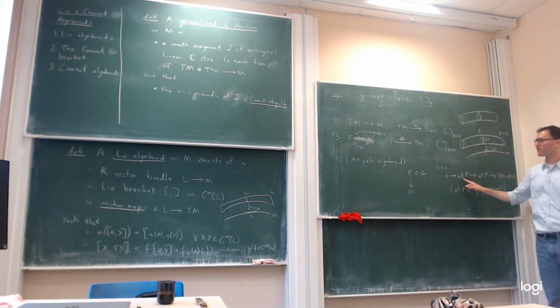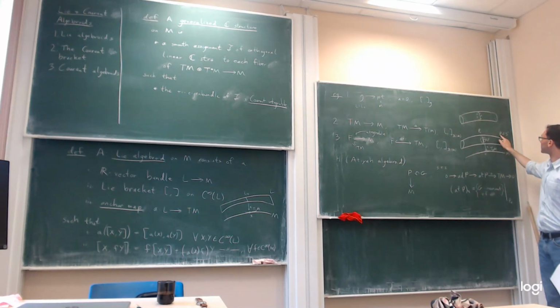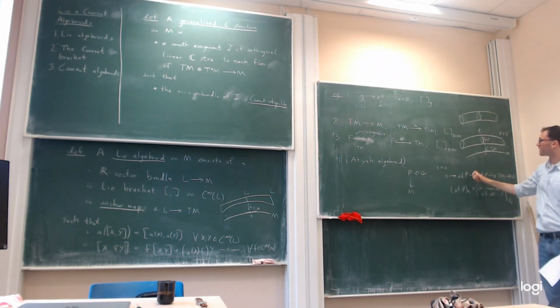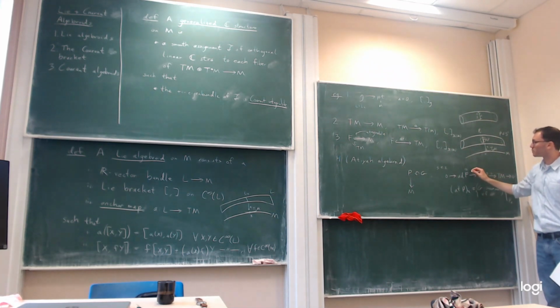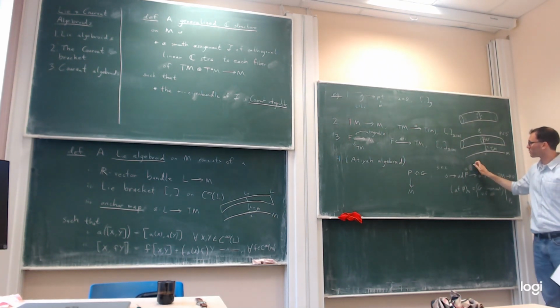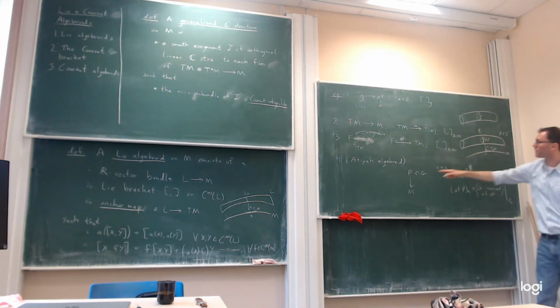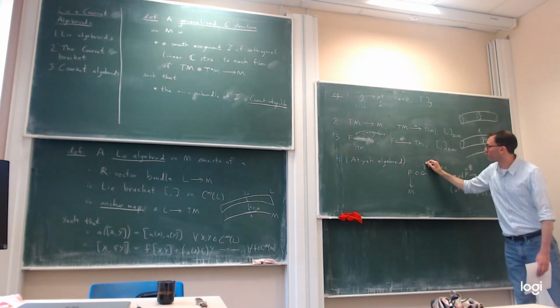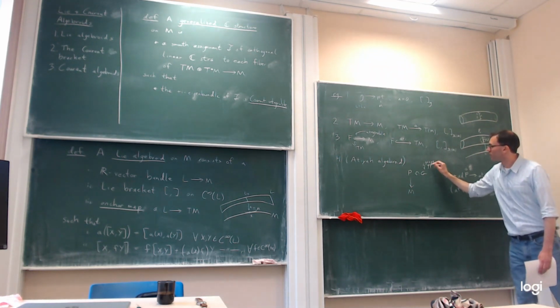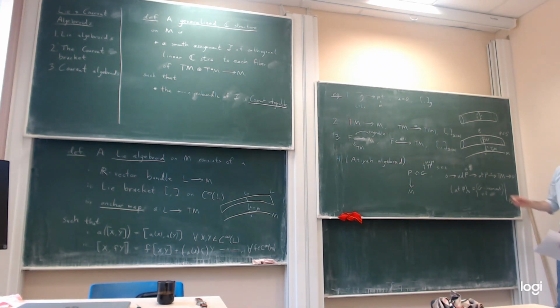If the principal bundle is trivialized, then we can canonically identify by that trivialization the adjoint bundle with the Lie algebra of the gauge group. So okay, this G is the gauge group. So I wonder if there's some connection between.